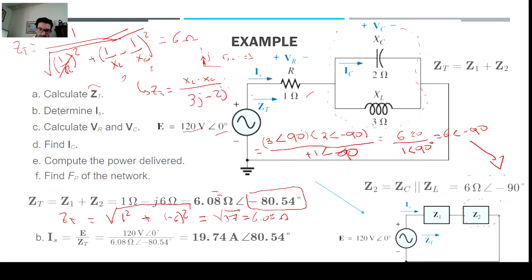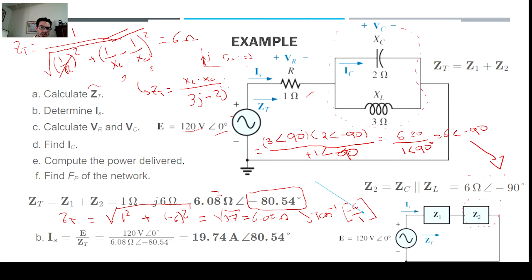The way to compute that is, as we did before, to compute this, we're going to do tangent inverse of negative 6 over 1. This will give you 80.53. Excellent. So we have the total impedance, which is 6 ohms with a phase shift of negative or lagging 80.54.